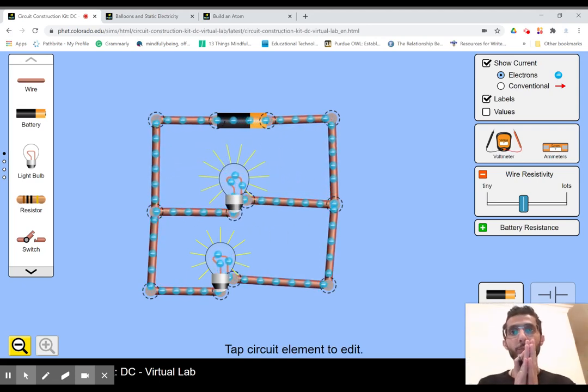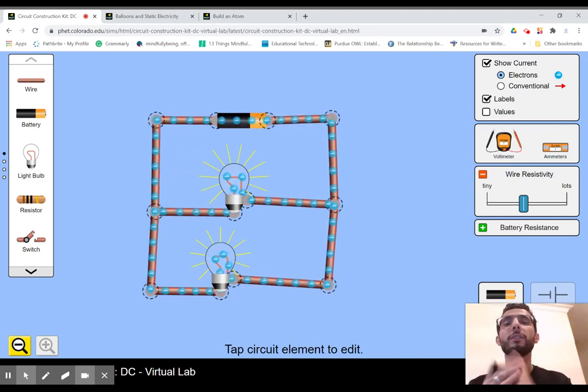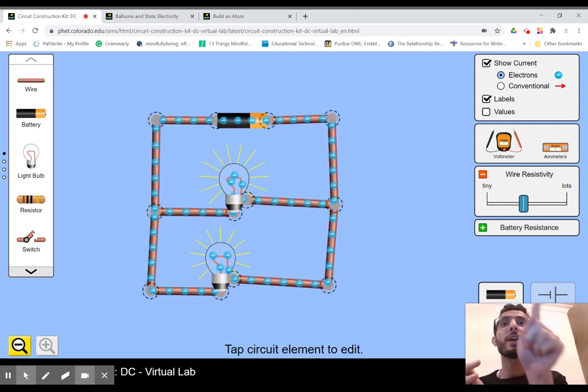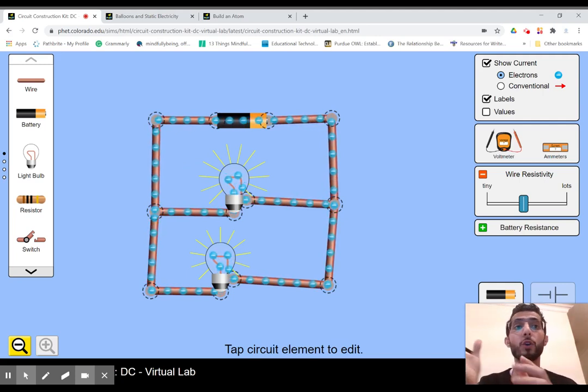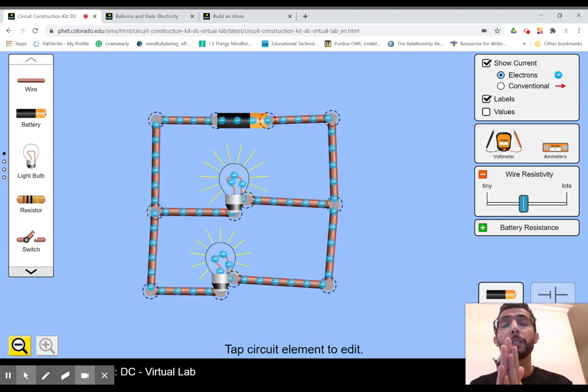Okay, so this is called a parallel circuit, because the wires are parallel, and because we have more than one loop, we have two loops. Electricity at your home is basically built in parallel circuits, because if one of your light bulbs is off, the others are on. You will not lose the other lights.